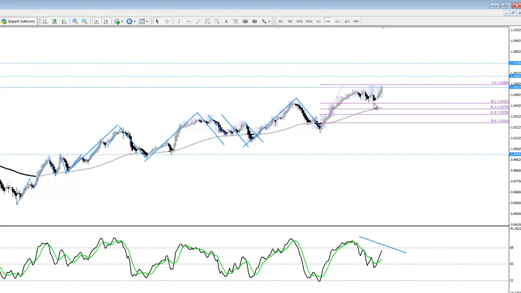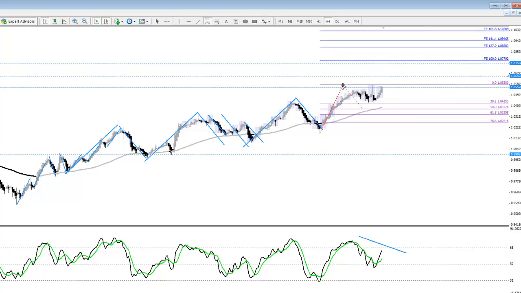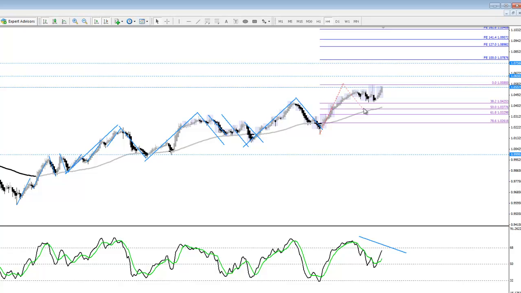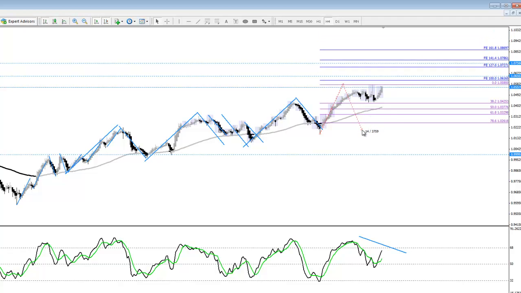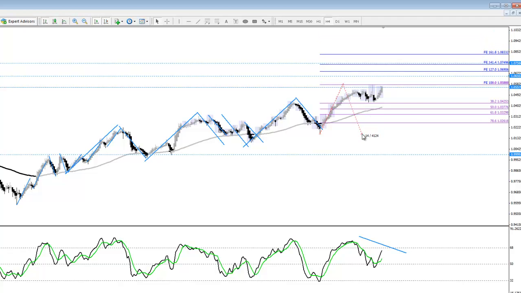And we got down here at our 382. So we've tested that a couple of times, and we know that a 382 retracement has a high probability of an expansion up to the 1618. Let's pull our expansion tool in, and our 1618 really has no confluence right now.